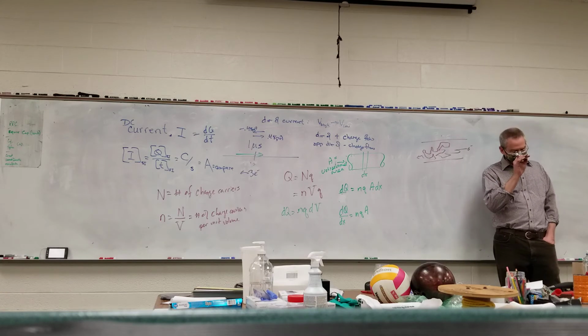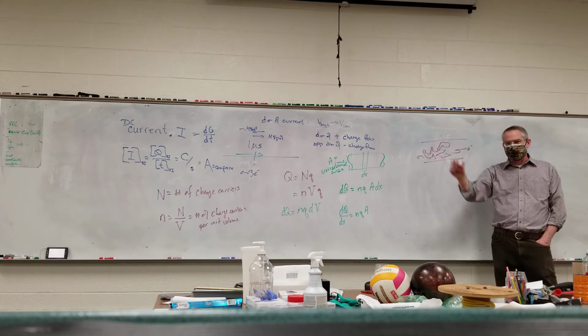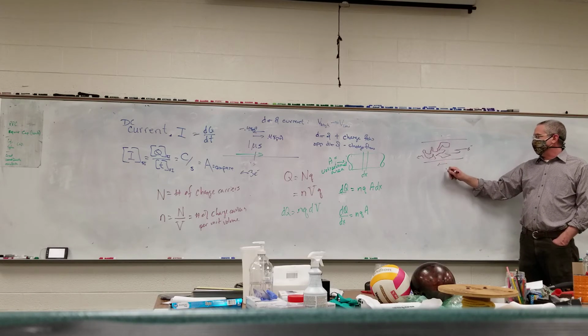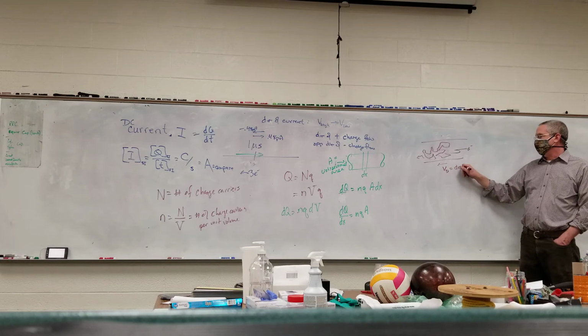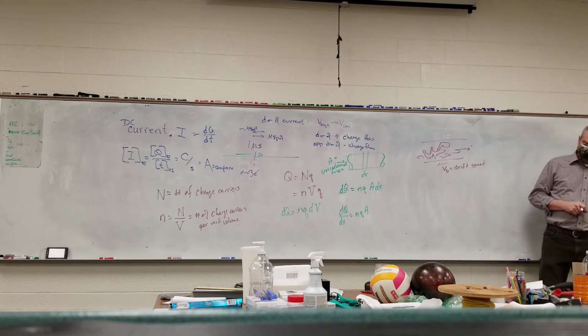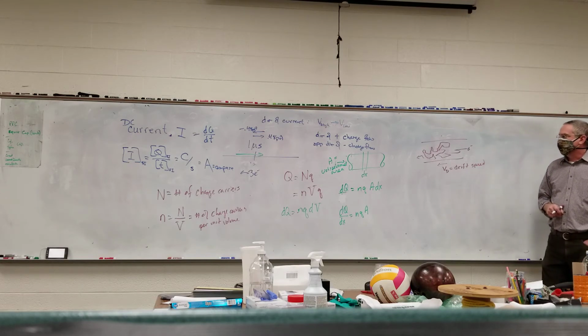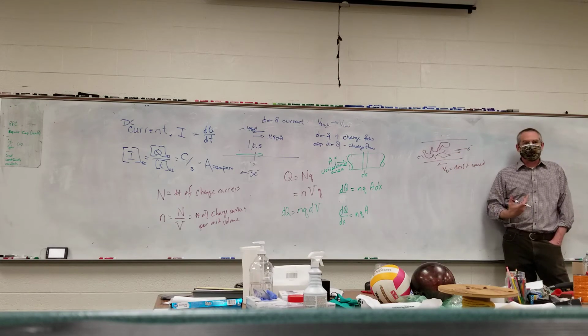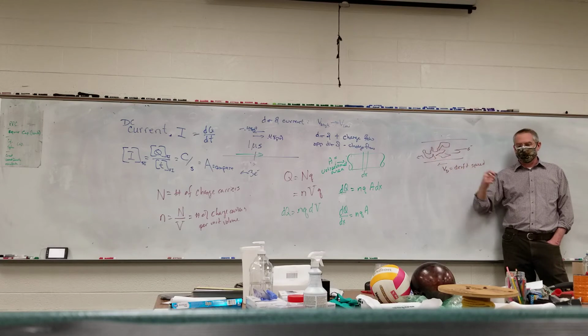But for looking at a specific electron, it takes a while for it to make it all the way around. The speed at which this electron is traveling, ultimately, is known as the drift speed. In superconductivity, it is more of a straight line, but for practical use, it does not travel in a straight line.